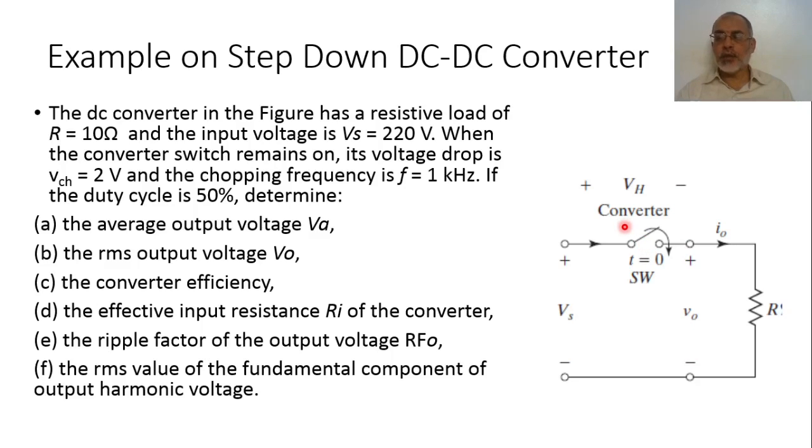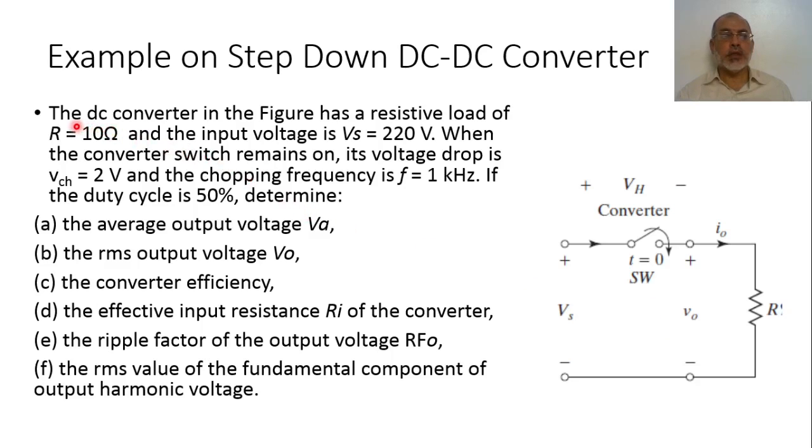By taking the average, we can control the output DC voltage at the load. Now, let us discuss a numerical example for such a simple step-down DC to DC converter.